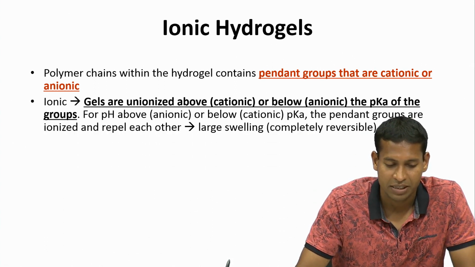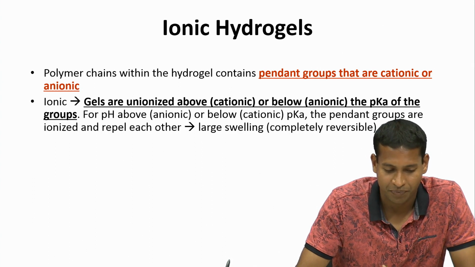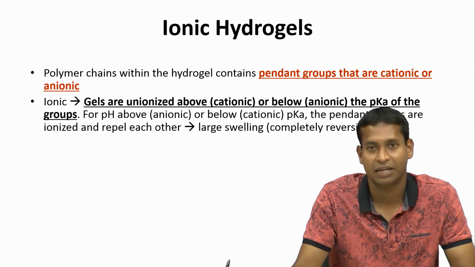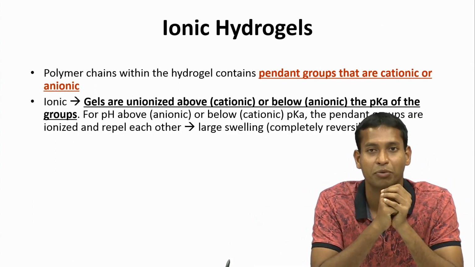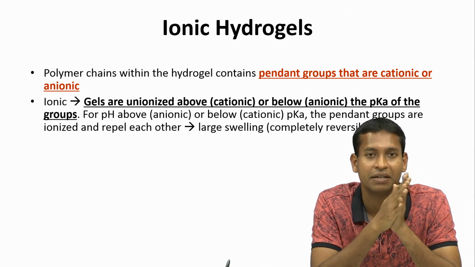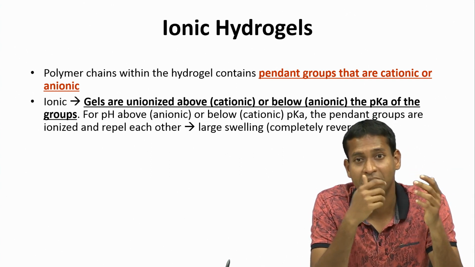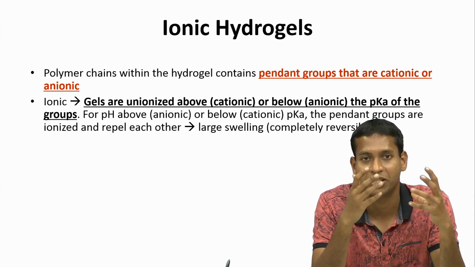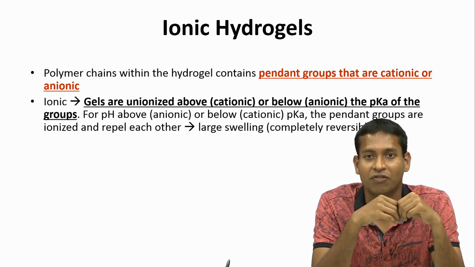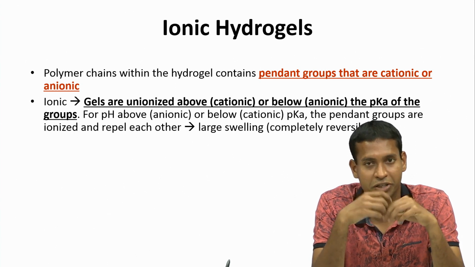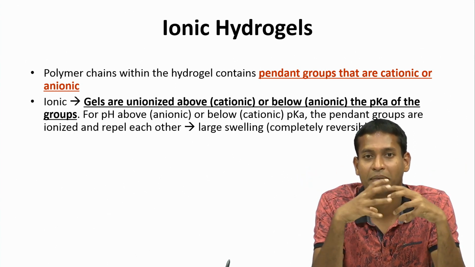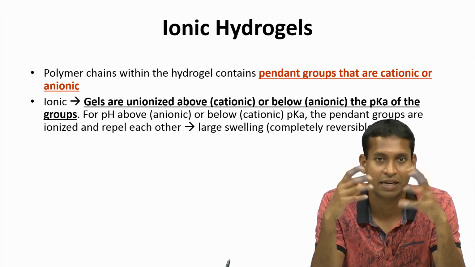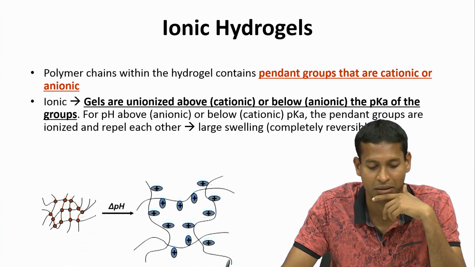These gels are typically unionized because equal amounts of cationic and anionic chains have come together. Of course, as I said, if you change the pH, the molecules that are making it cationic or anionic may change, and that may cause either the gel to just fall apart or a differential in swelling, which could be completely reversible.